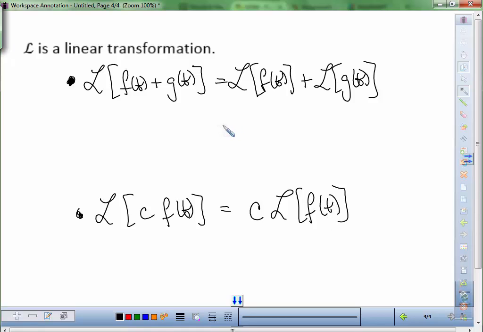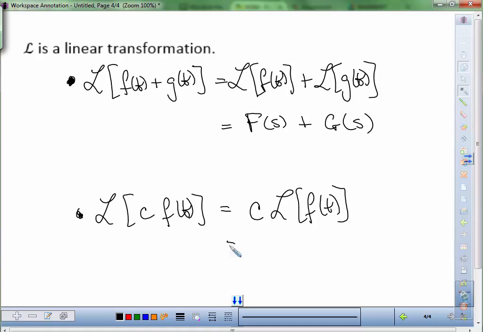So these should be properties that look familiar. In a sense these are the same kind of ideas or same sort of properties that we took advantage of when we took derivatives and integrals of things, because the derivative and integral are both linear transformations.